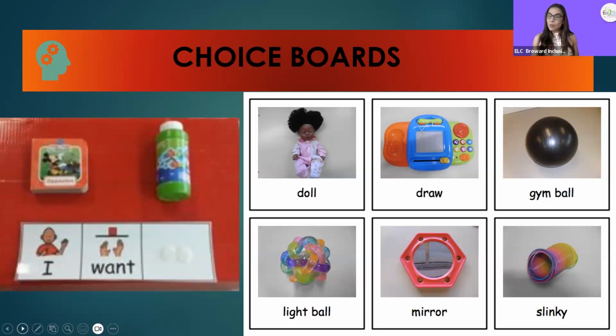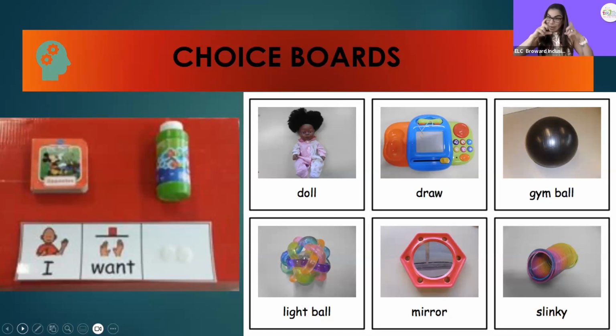"Oh, Adrienne, you want bubbles? Good choice. Here you go. Bubbles," right? And I think this is a good one. I'm going to tell you why I like this choice board: this teacher went around the room and took pictures of what they knew was highly preferred for that particular student.